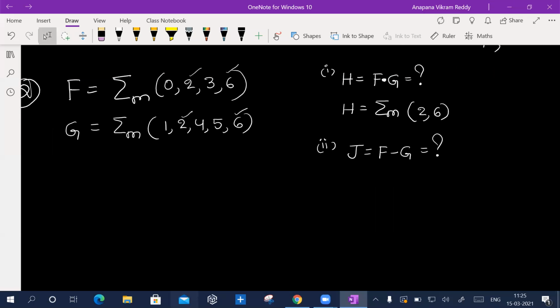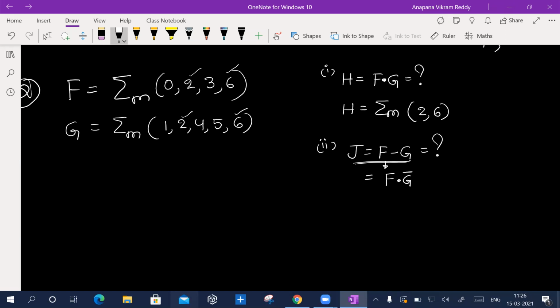Okay, see, J is equal to F minus G, what is this? This is nothing but F and G complement. So you can transform this expression like this: F minus G you can write as F and G complement.